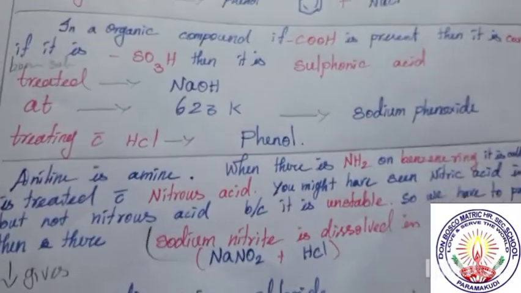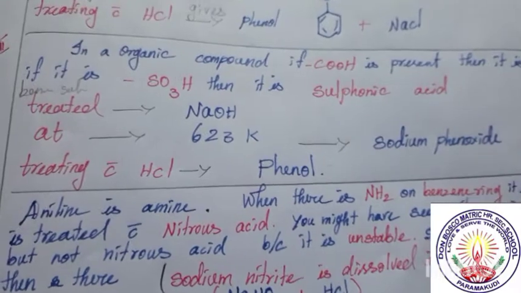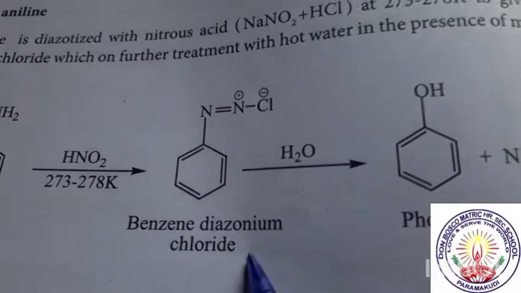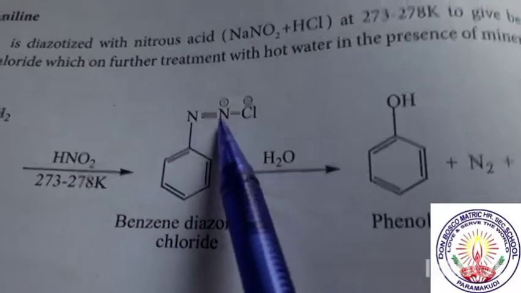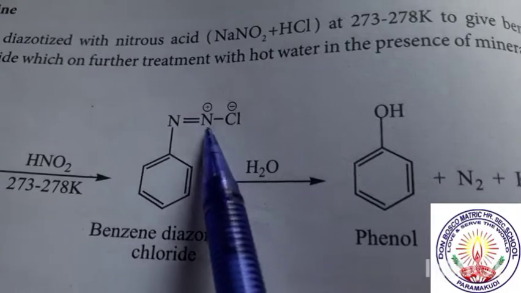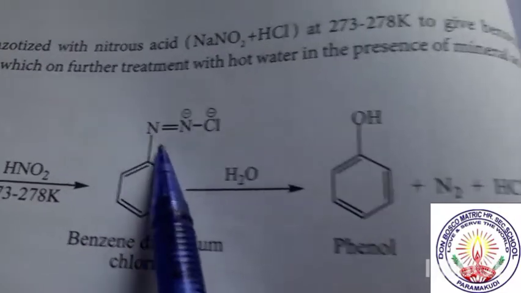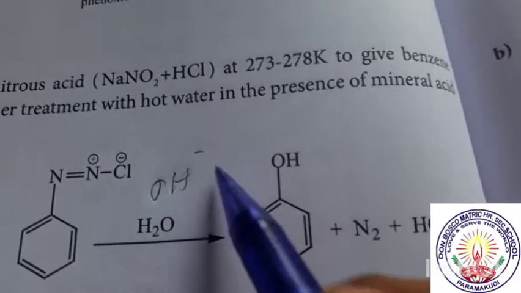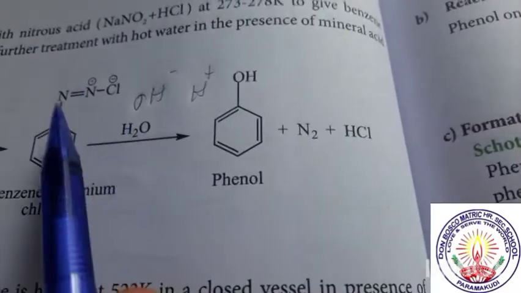That hot water has OH minus and H plus. See, we are getting benzene diazonium chloride, benzene and 2N, diazo. Azo is N, di is 2. We treat the diazonium chloride with hot water, H2O, OH minus, H plus. So we are getting phenol, and N2 plus HCl.